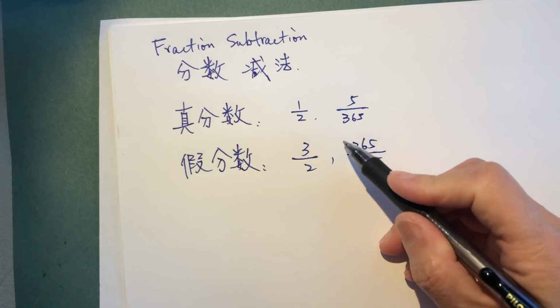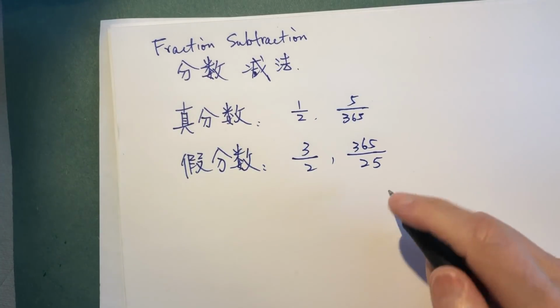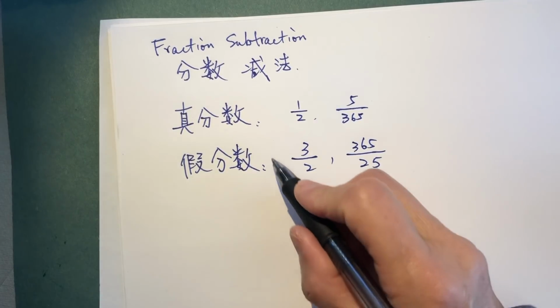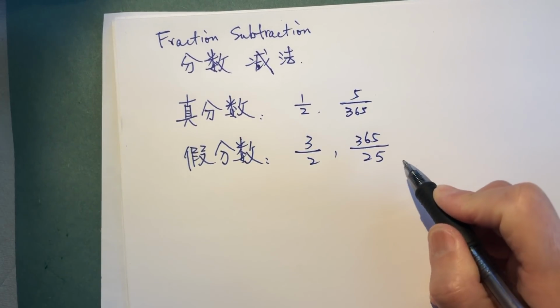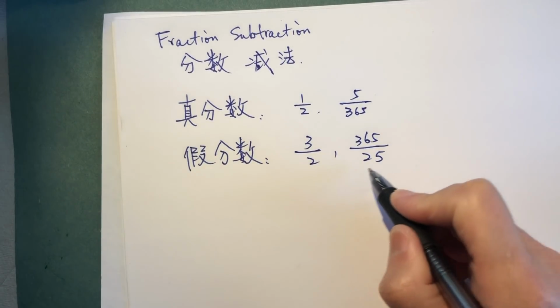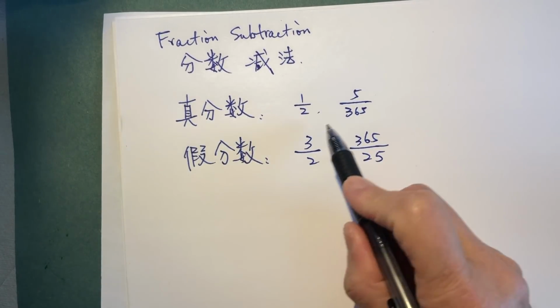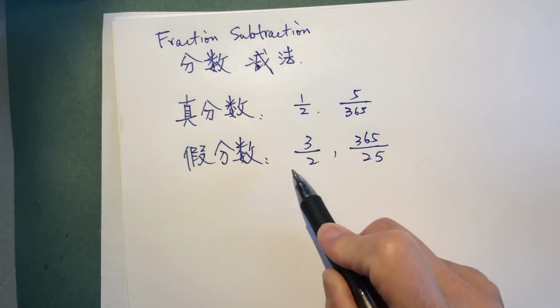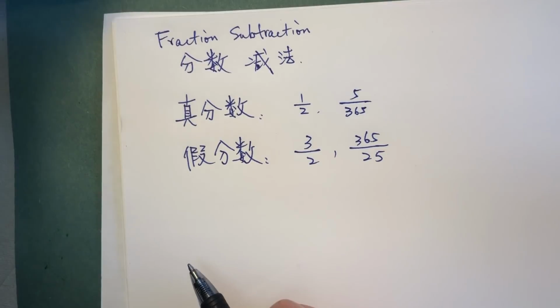The numerator is bigger than the denominator. And this is 假分数. And at elementary school level, we are not comfortable with 假分数. We are not comfortable with fractions with a bigger head, with a bigger numerator.